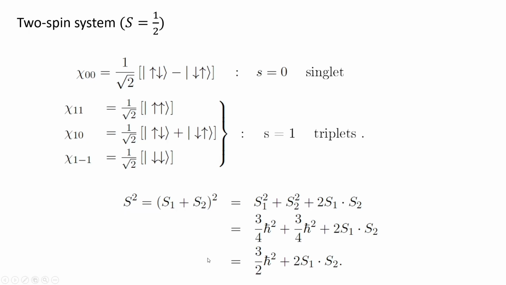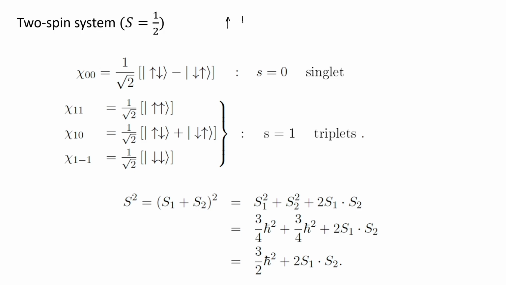Coming to the mean field theory, let us try to see what the structure of the Hamiltonian is. To begin with, let us start with a 2-spin system. It has just 2 spins, and there are 4 states, because there are 2 spin half particles.